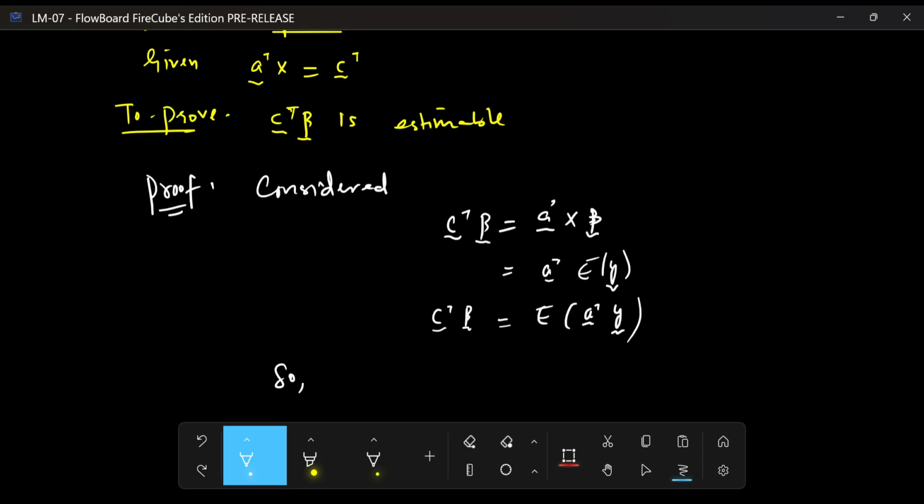As you know from the definition, if expected value of A curl transpose Y curl is equal to C curl transpose beta curl, then C curl transpose beta curl is estimable. This proves the first method of the condition for a linear parametric function to be estimable.